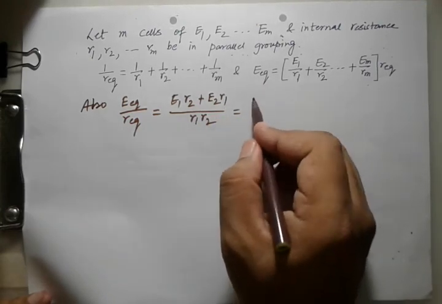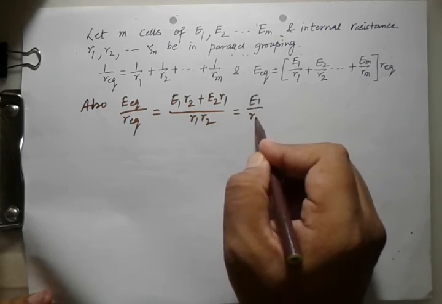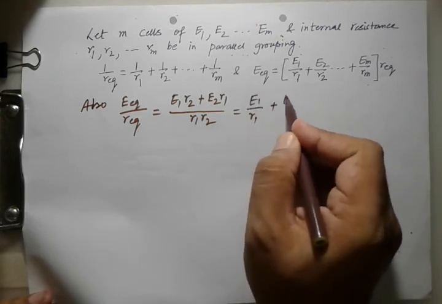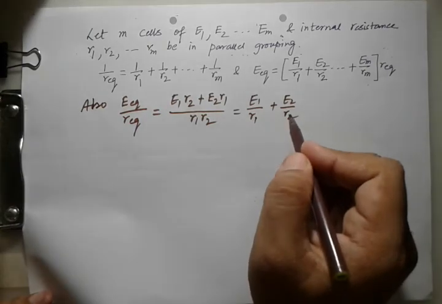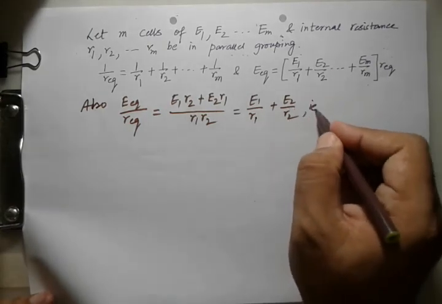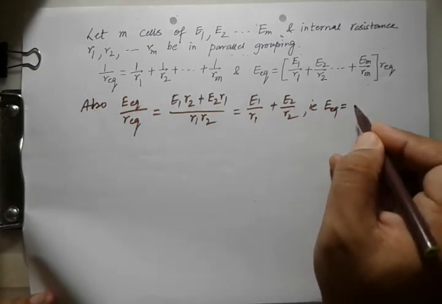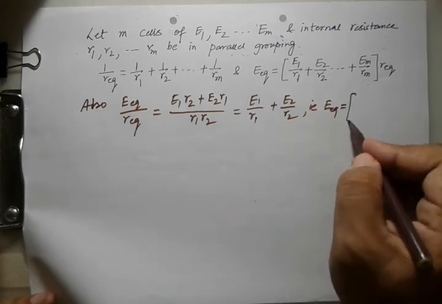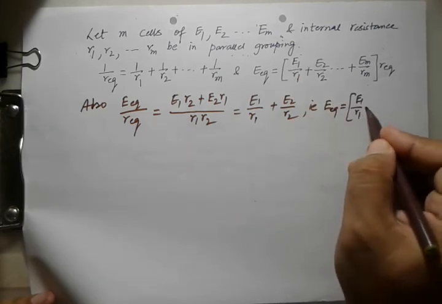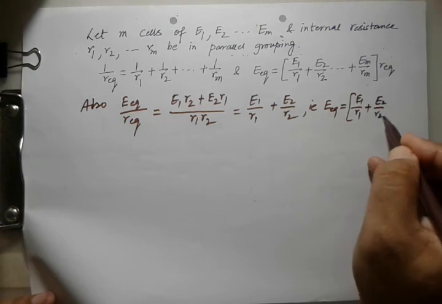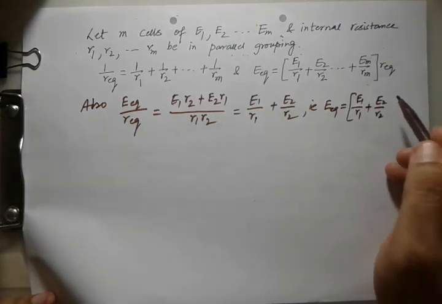So we solve this one: E1 by R1 plus E2 by R2, and that is E equivalent.